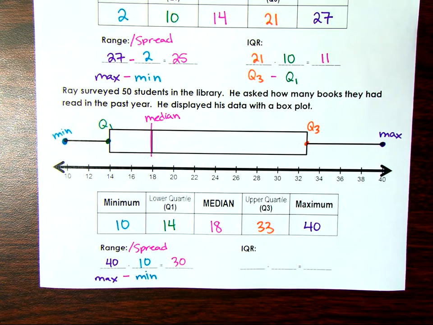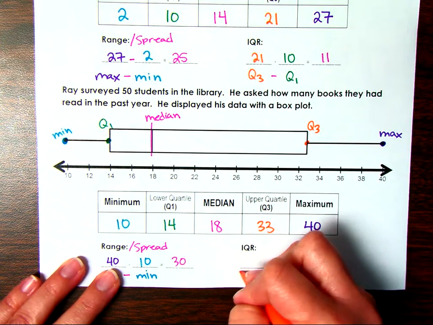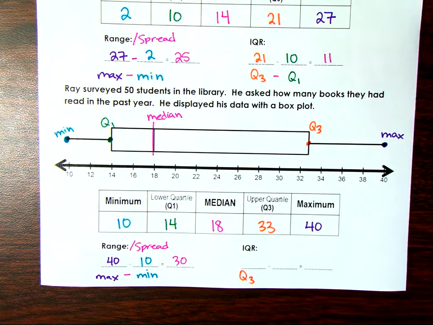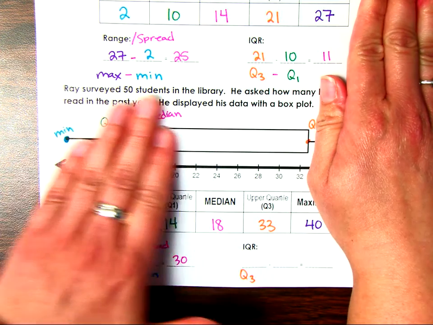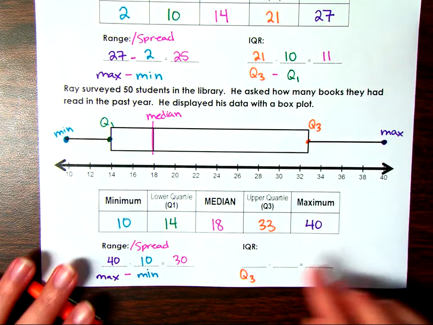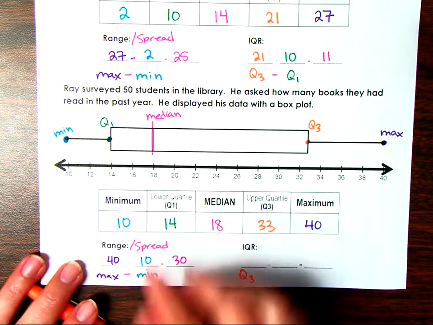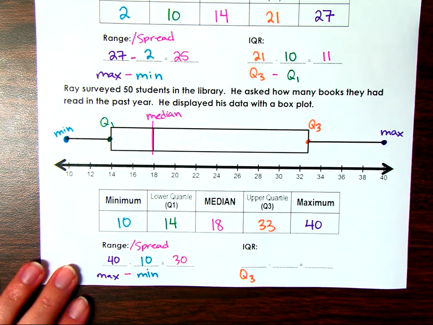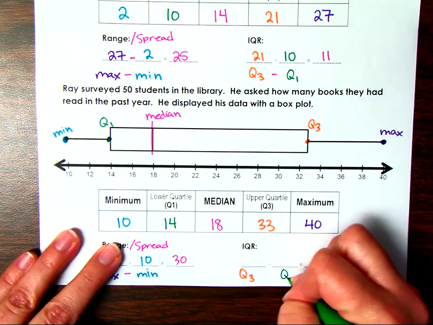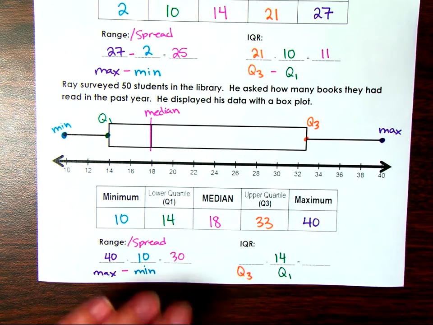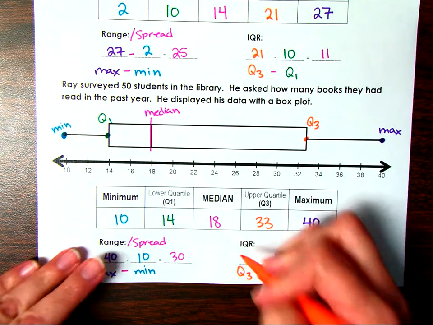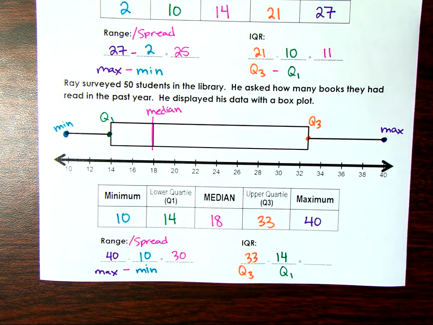Here again, we're going to do our upper quartile, or quartile 3, and all that means is your upper quartile covers 75% of your data. Then we're going to subtract your lower quartile and see the difference between those: quartile 3 minus quartile 1. Quartile 1 we said was 14, quartile 3 we said was 33, and then we're going to subtract those.